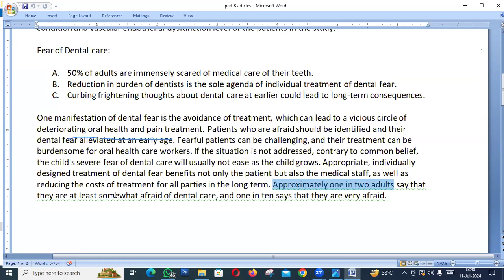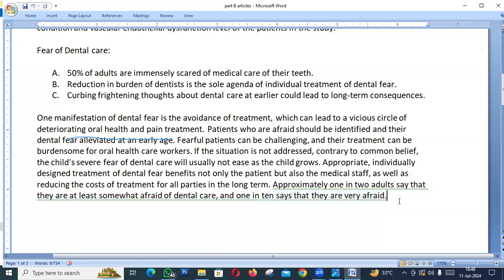At least they are just somewhat afraid of dental care, 50%, 1 in 2. But 1 in 10 says they are very afraid, they are immensely afraid, too much afraid. So 1 in 10 means 10%. So 10% say they are immensely afraid.